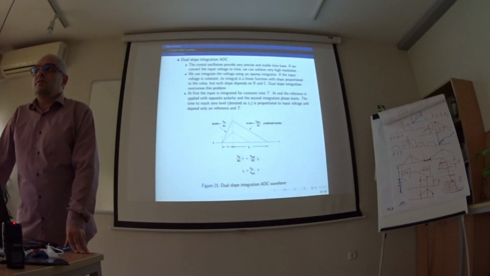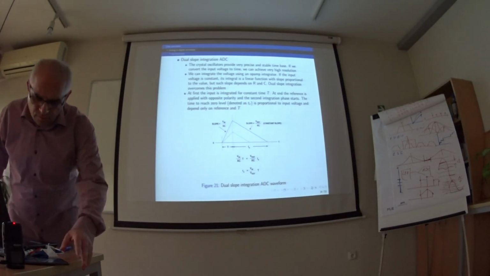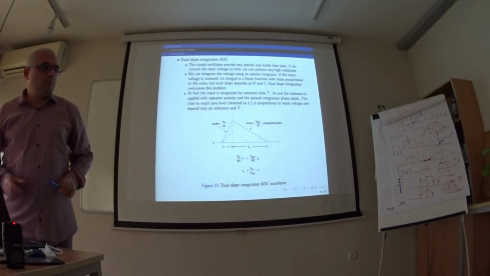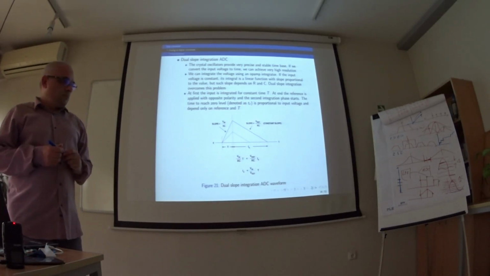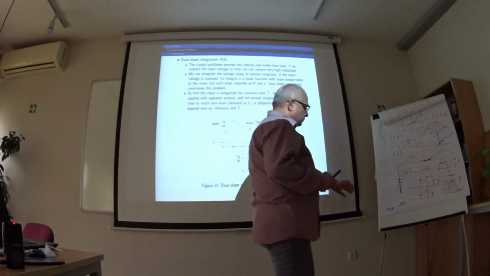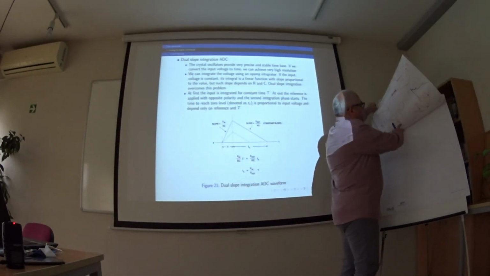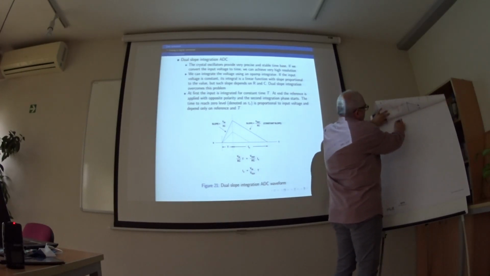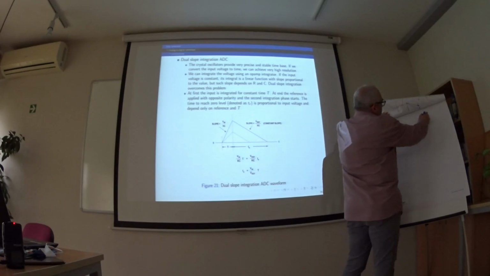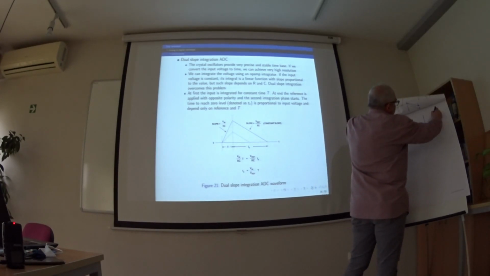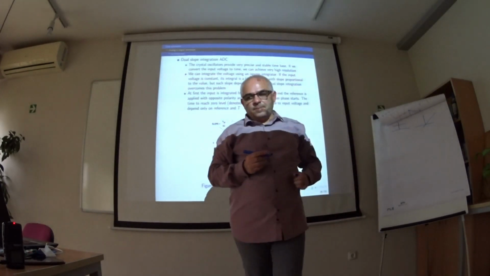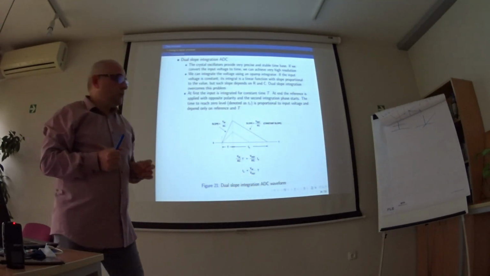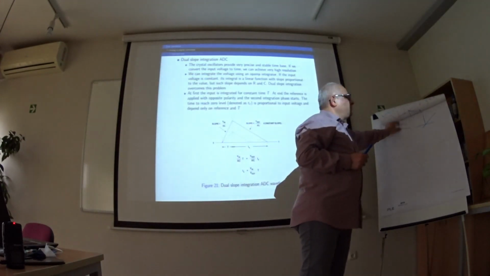If we integrate the DC voltage, we will get, if we have a constant voltage, its integral is a line with slope proportional to this value.